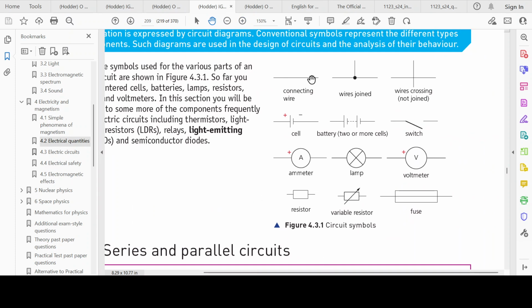Right, so a straight line is a connecting wire. If two wires are joined, they're shown by a solid dot at the point where they're joined. If they're just crossing, they're not connected or joined, then they're just shown as overlapping lines. This is a cell, that is a power source, right?